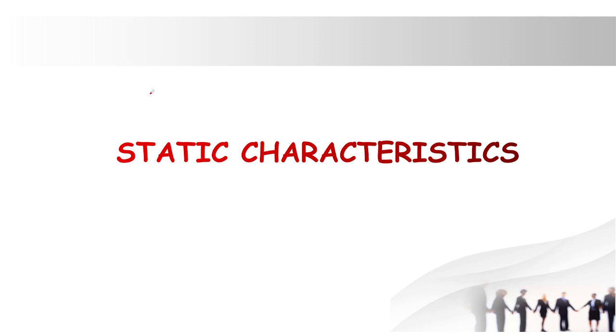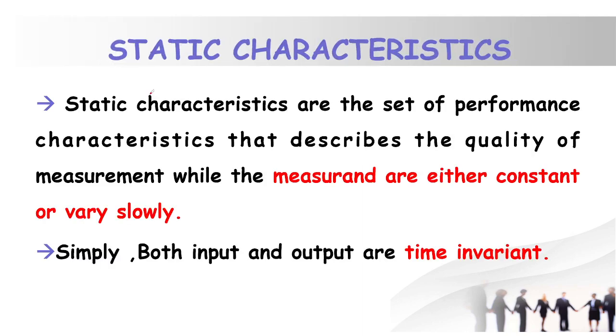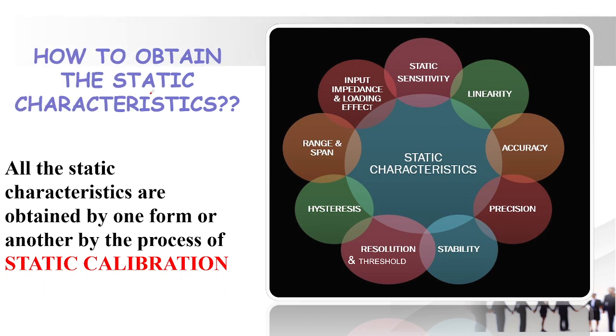Static characteristics consist of different characteristics which depend upon different transducers. All the static characteristics are obtained by one form or another, and that process we call static calibration. You can see there are n number of characteristics, and all of these are obtained by one form or another.